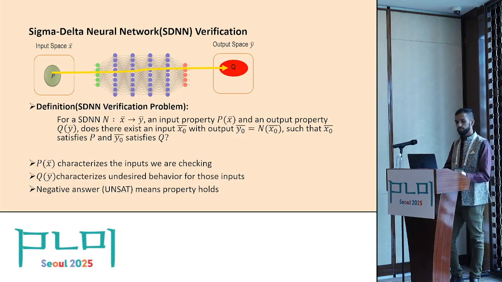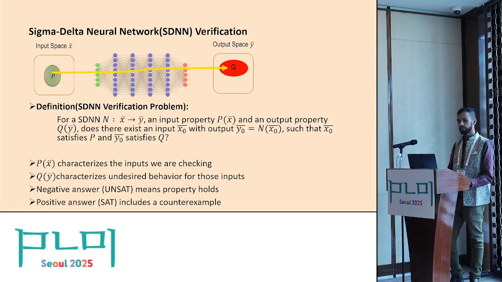If this problem has a negative answer, that means it is unsat, which means the property holds. And if it gives a positive answer, that is sat, which includes a counterexample.